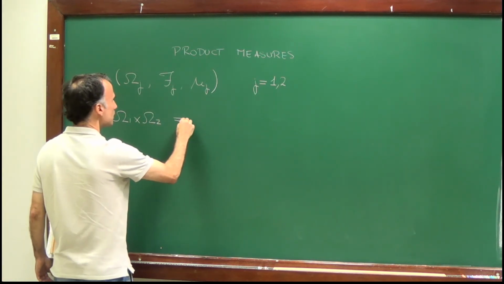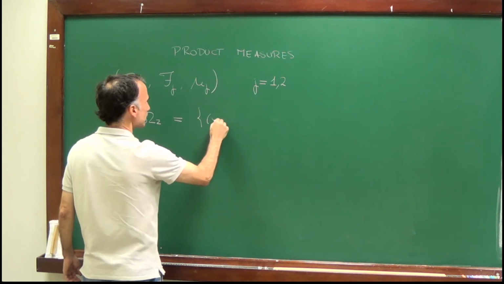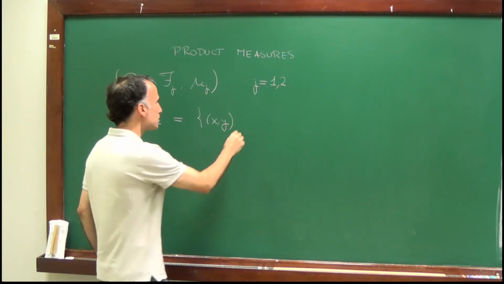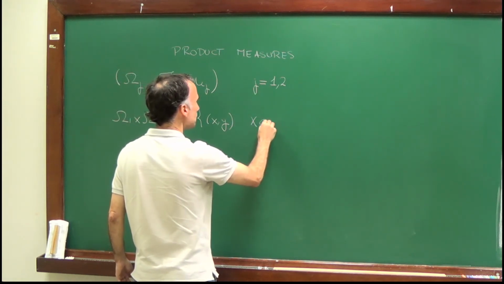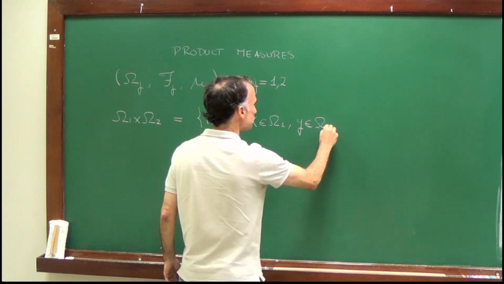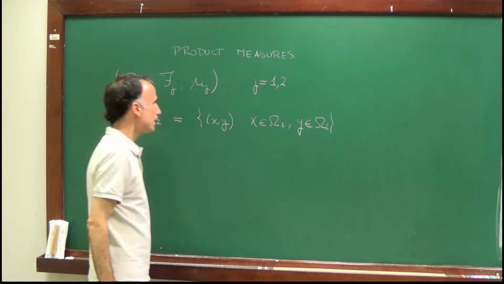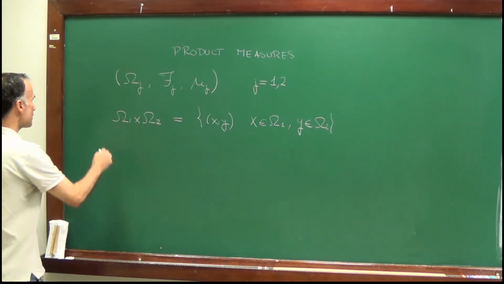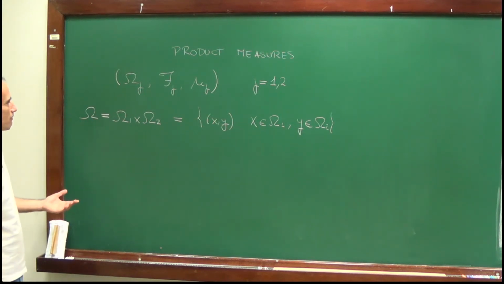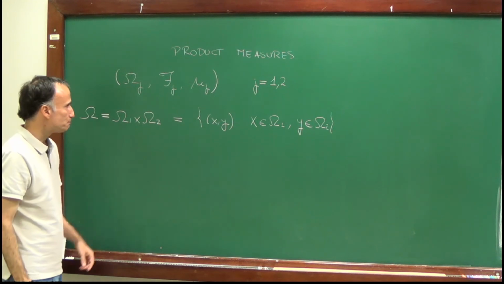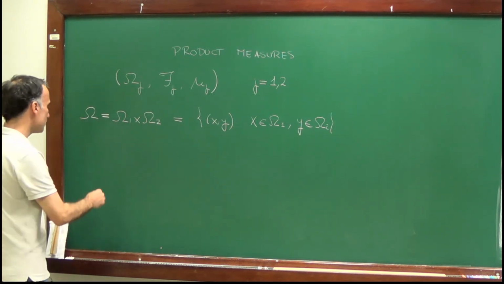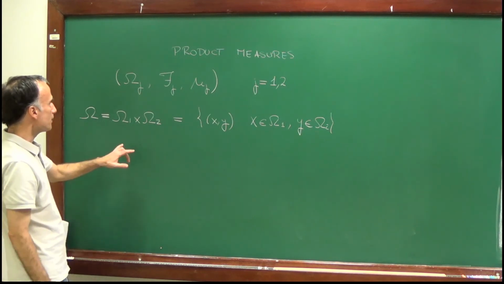So this is the set of points (x, y), so all the pairs in which the first coordinate belongs to Omega 1 and the second coordinate belongs to Omega 2. And on this new space that I will call Omega, I want to define a sigma algebra which will contain what I will call rectangles, which I will define in a second.